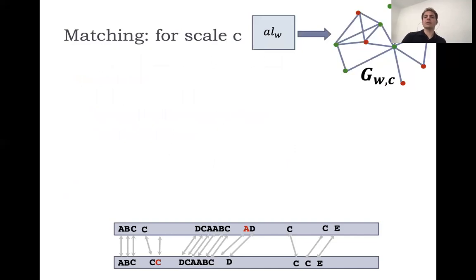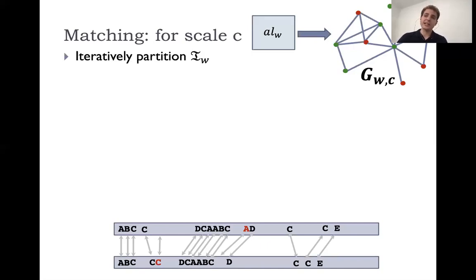Okay, so how are we going to construct those graphs? How are we going to obtain such guarantees? Again, we have a call to this oracle AL_W, and we would like to construct a sparse graph G_W,C that's going to match all the matches between x_I and y_pi(I).